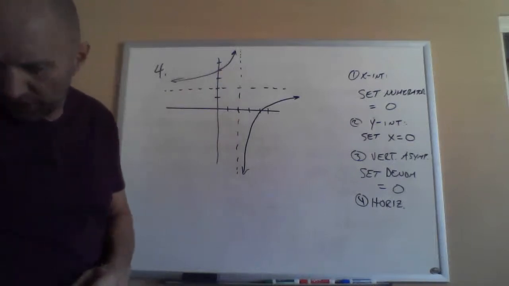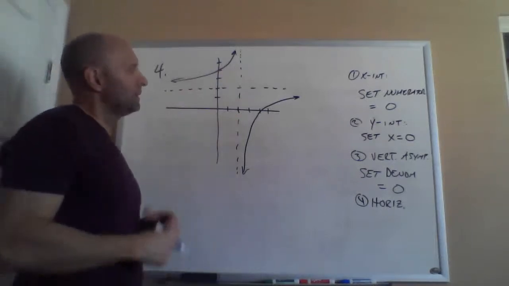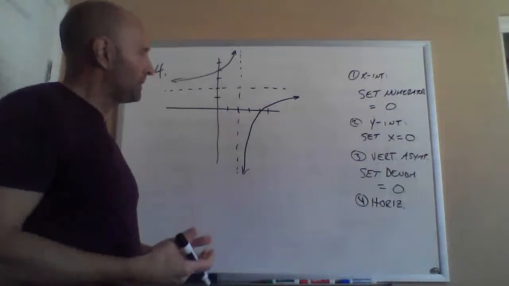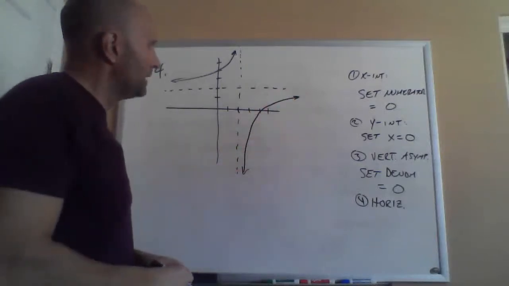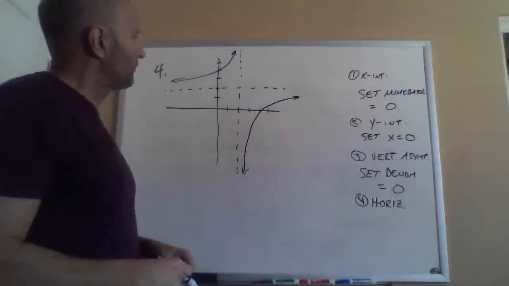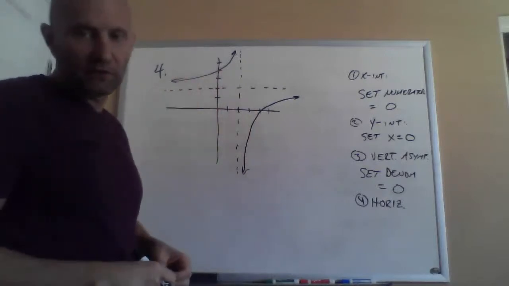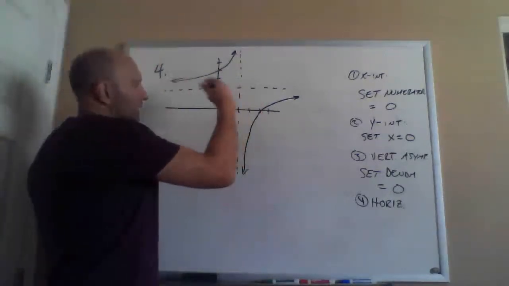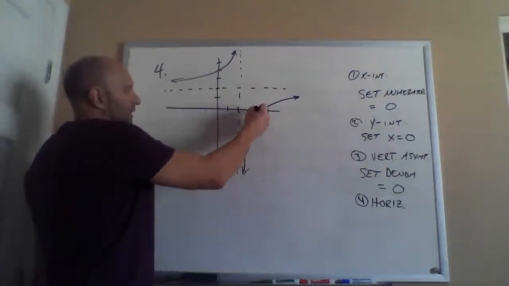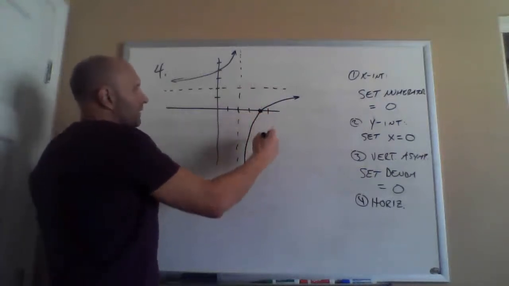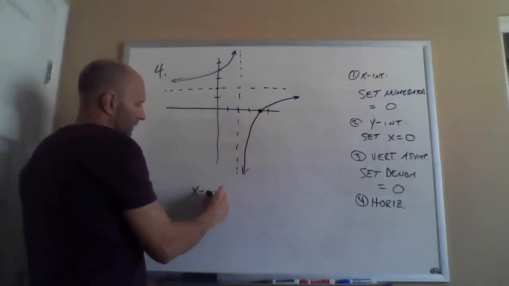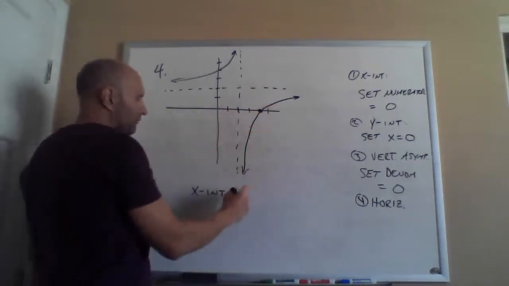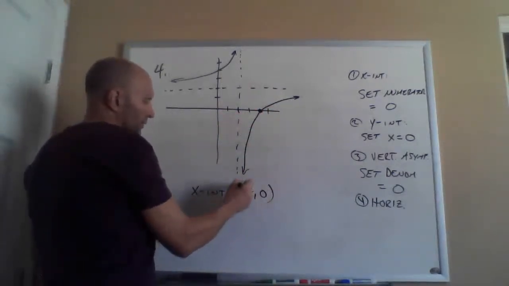It asked you for the four pieces of information, these main 4 here. So the first thing it asked for was, what's our x-intercept? Well, that's where this graph hits the x-axis, which is right here. And this point is at 4, 0.